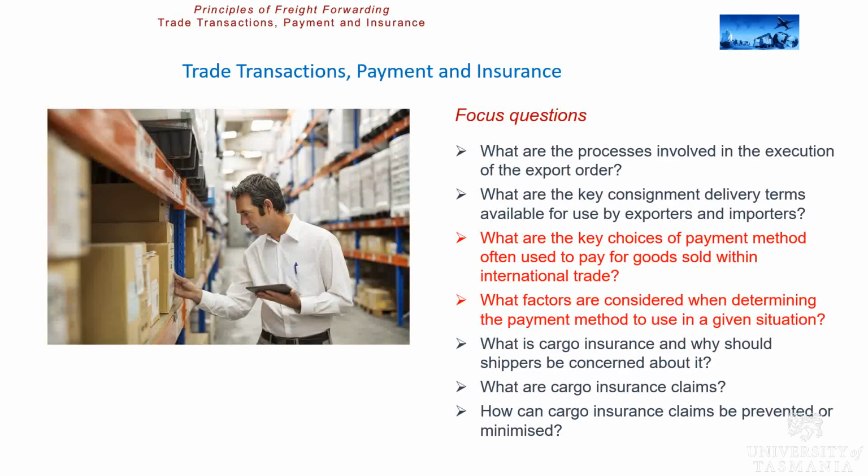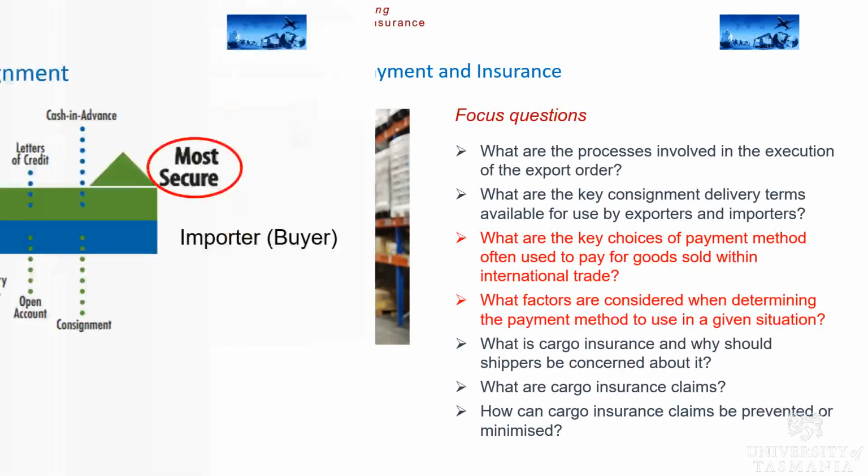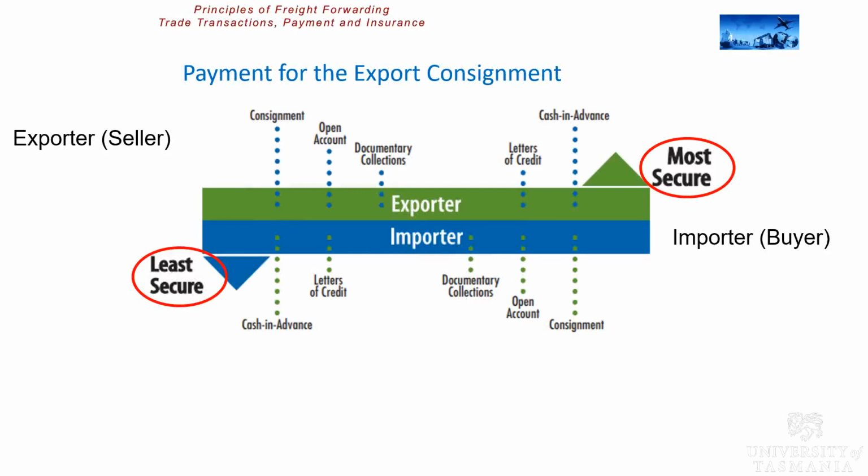Okay, we're now going to have a look at the key choices of payment method often used to pay for goods sold within an international trade, and also what factors are considered when determining the payment method to use in a given situation. So this particular continuum is the payment of an export consignment, and at one end of the continuum you have the exporter or the seller, and at the other end you've got the importer or the buyer.